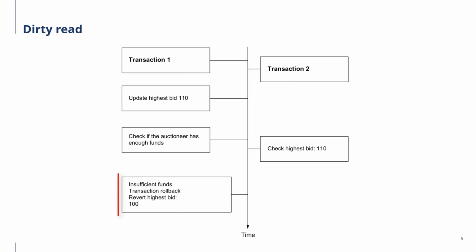Transaction 1 will roll back the highest bid because it finds out that the auctioneer does not have enough funds. This is a dirty read because the second transaction has read 110, which then was rolled back by the first transaction.